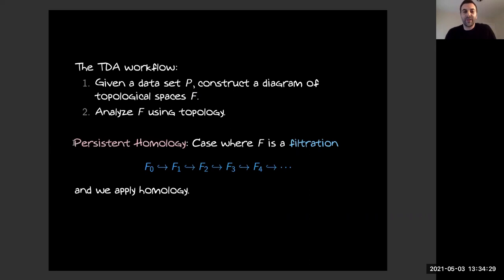Now, the best known case of this, I think, is persistent homology. This is the case where F is what we call a filtration. A filtration is just this linear shaped diagram of topological spaces that looks like this. And in persistent homology, after obtaining this, we usually apply homology with field coefficients to each space and each inclusion map in the filtration.